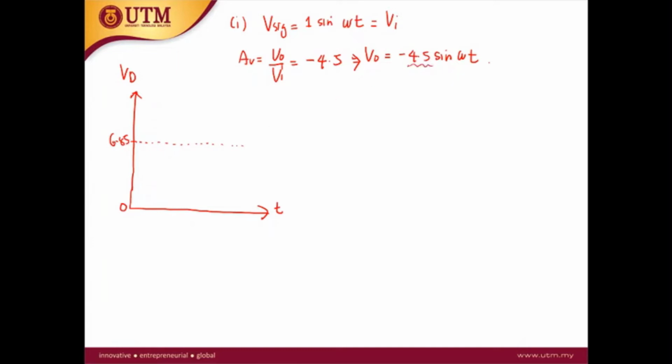So it will change from 6.85 to 6.85 plus 4.5, which is 11.35, and then it will oscillate to 6.85 minus 4.5, which is 2.35.